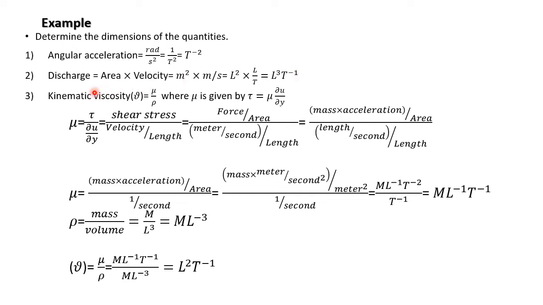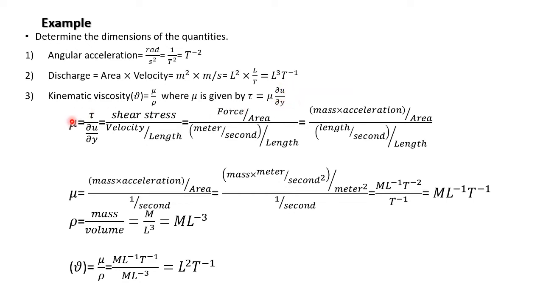Next, let's take up one more quantity, kinematic viscosity. Kinematic viscosity is dynamic viscosity divided by density. Dynamic viscosity is denoted by the symbol mu. How did we get this mu? We got it from the viscosity expression: tau is equal to mu dou u by dou y, where tau is shear stress and dou u by dou y is the velocity gradient, where u represents velocity and y represents length.